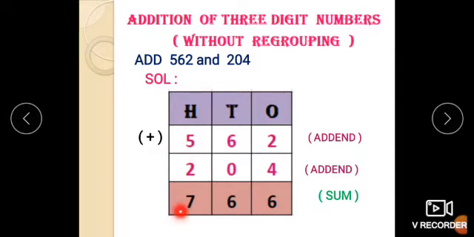Next we add in the hundreds column. 5 plus 2, the answer is 7. So the sum of 562 and 204 is equal to 766. We'll move to the next slide.